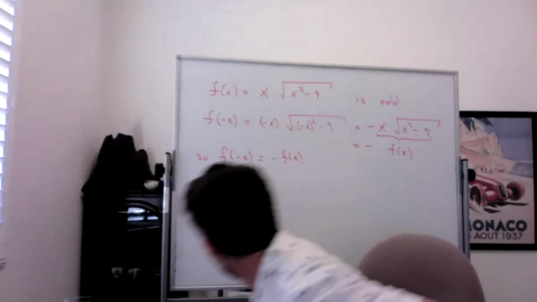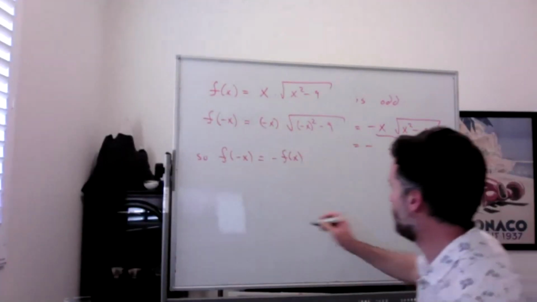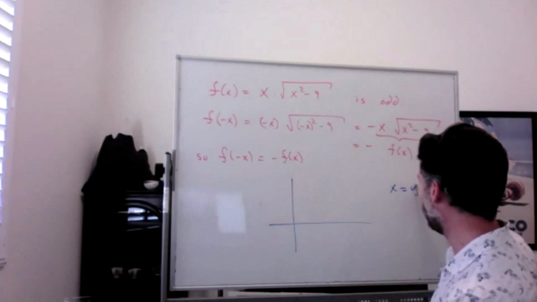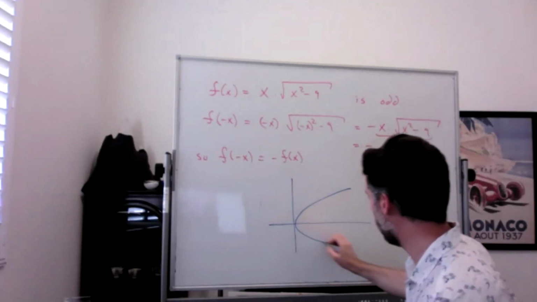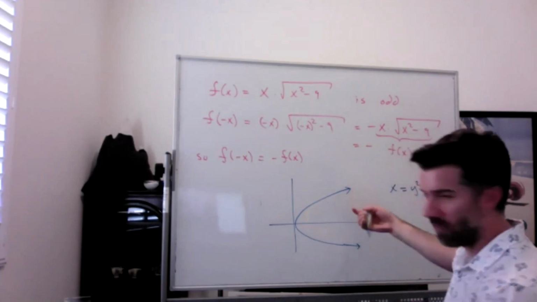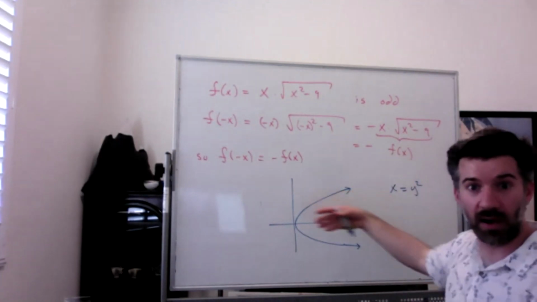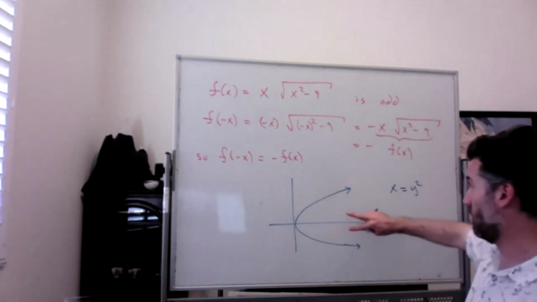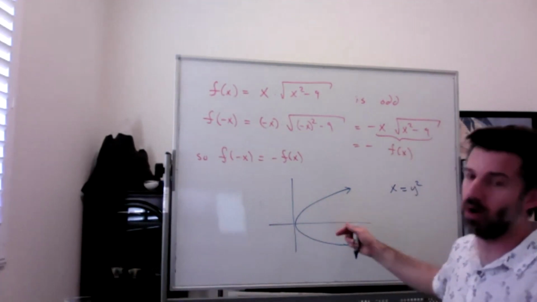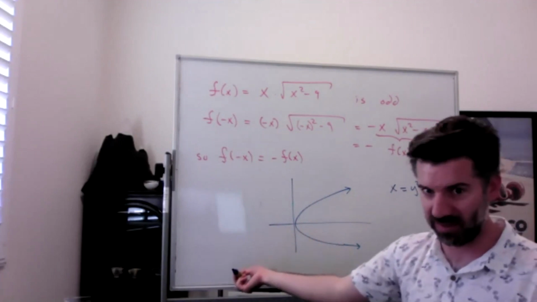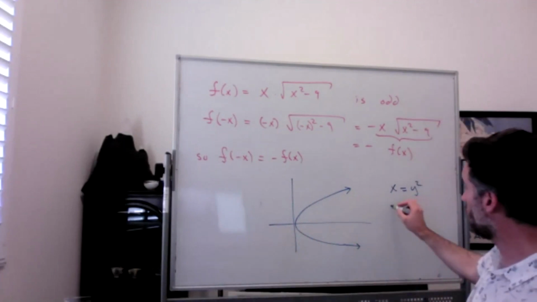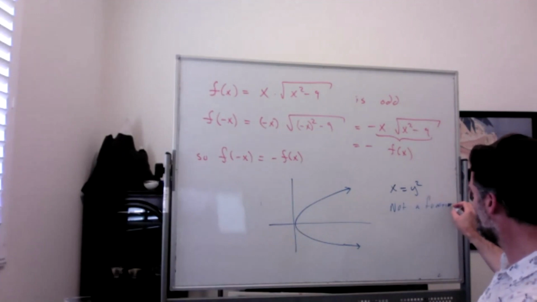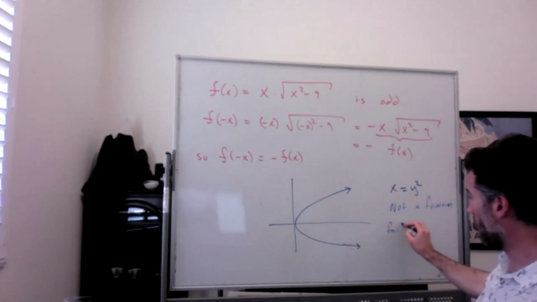So if I had something like x equal to y squared that looked like this, this is symmetric about the x-axis, but it's not an odd function. Well, I should say it's an equation that's symmetric about the x-axis, because it's not actually a function. It fails the vertical line test.